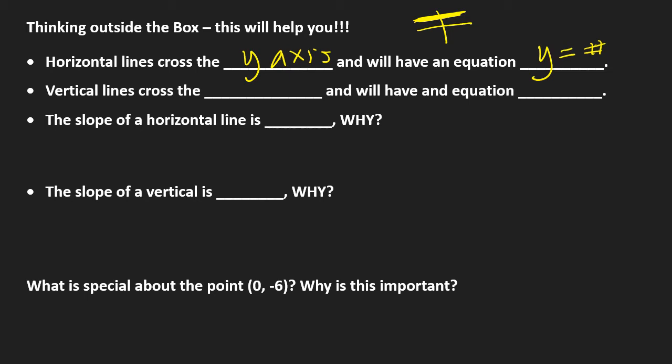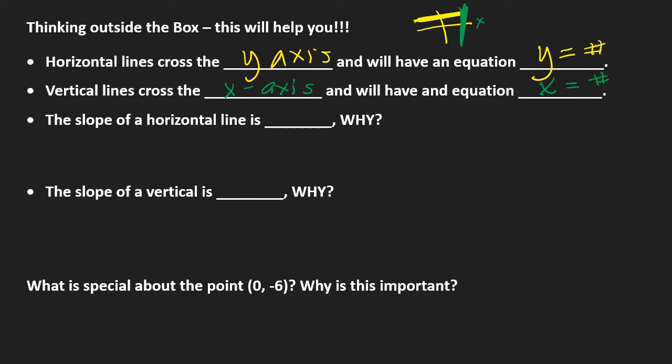On the flip side, a vertical line will always cross the x-axis, and as a result of crossing the x-axis, vertical lines always have an equation that's just x equals whatever value it crosses at.